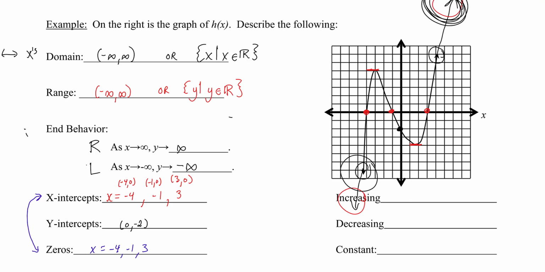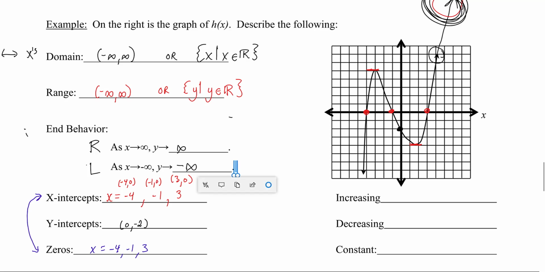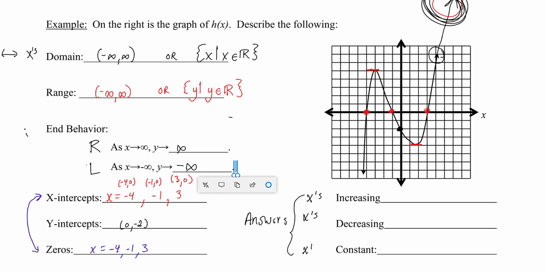Here's the part that can be tricky. With increasing, decreasing, constant, we go by the y values to decide whether it's increasing or decreasing, but our answers only use x's. So our answers are going to use the x coordinates for these 3.